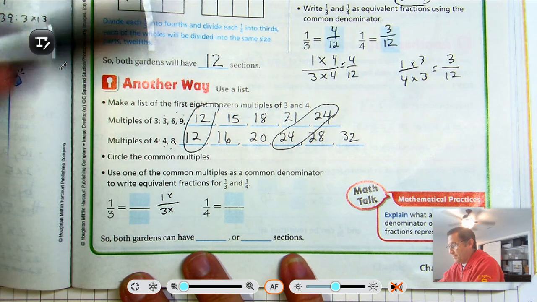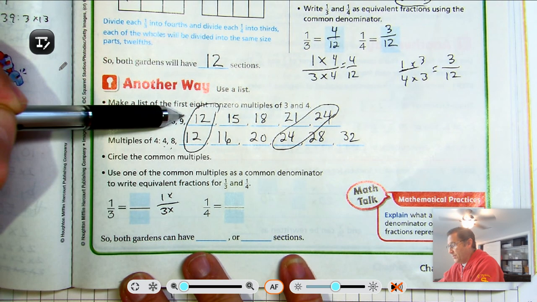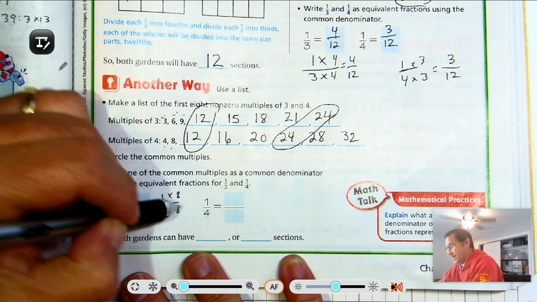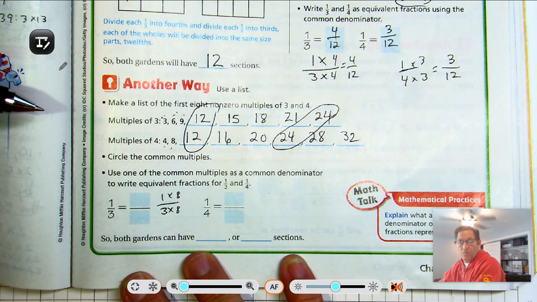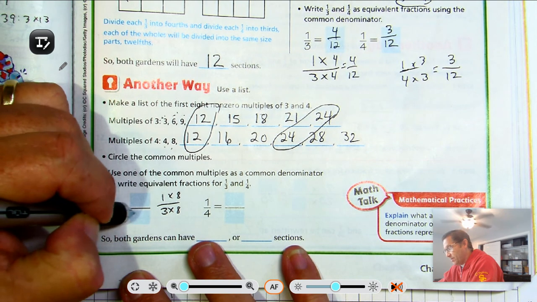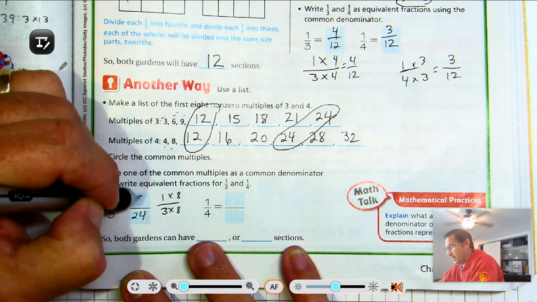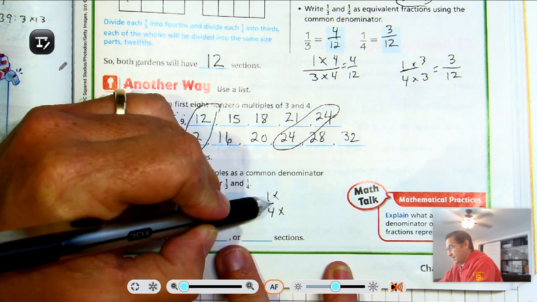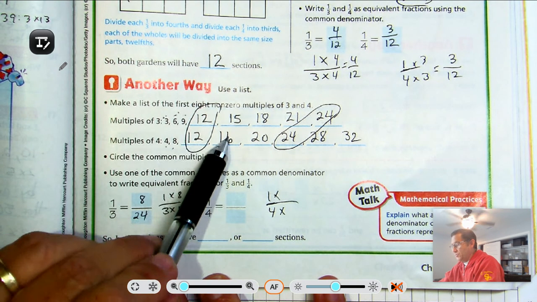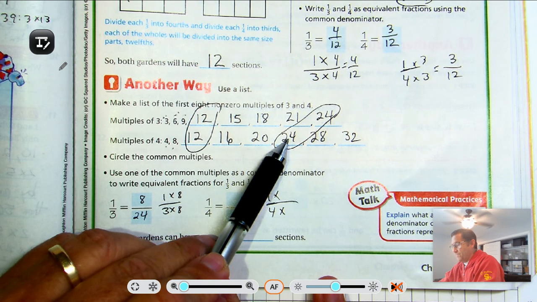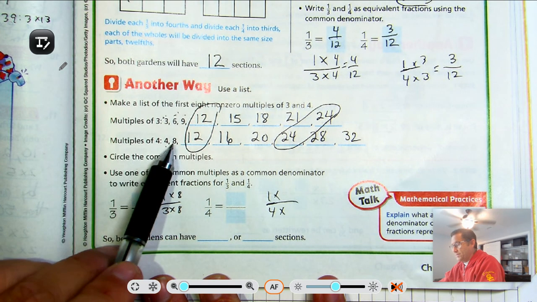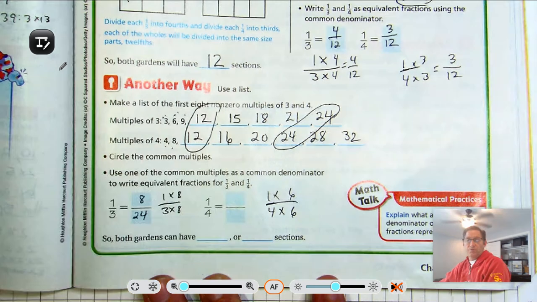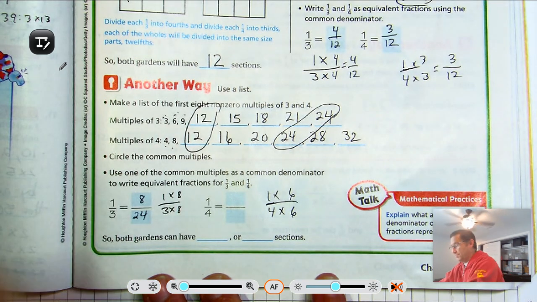So 1/3, that was the 1, 2, 3, 4, 5, 6, 7, 8th multiple of 3. So 3 times 8 will give me 24ths. 8 times 1 is 8. The 1/4, I would have to multiply by, I'm sorry, 1, 2, 3, 4, 5, 6 multiples of 4 to get 24.